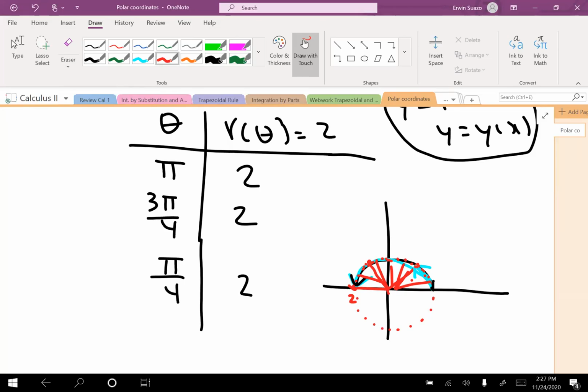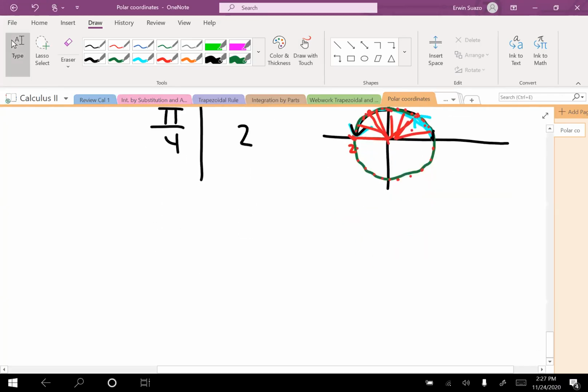So what we're graphing is a circle. So r equals 2 is a circle of radius 2. As I said, you move in circles.